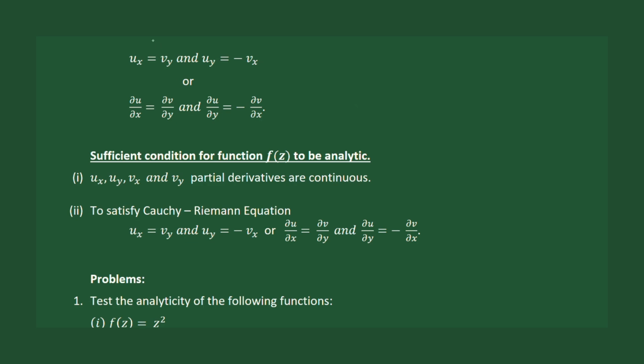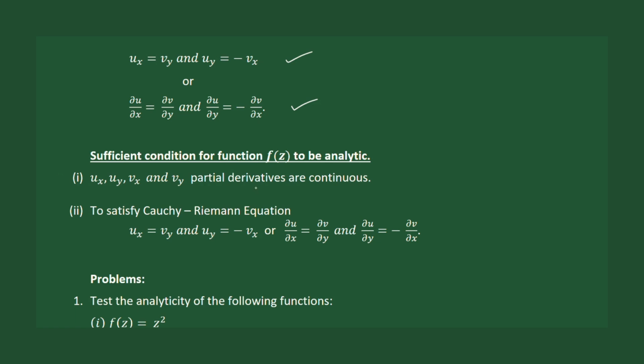Here we have used the symbols ux, vy, uy and vx, which also denote first order partial derivatives. Either we can use the equation with this notation, or otherwise we can use the other notation. Both are the same.